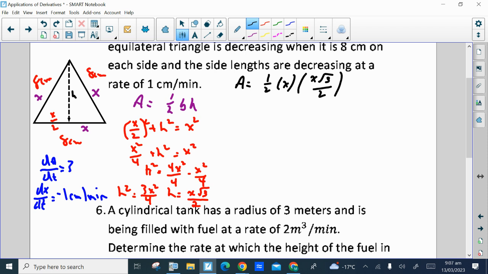So just to simplify things here, I'll multiply all this out. So I'll have x times x, which is x squared root 3, over 2 times 2, which is 4. So we can say that area equals root 3 over 4 x squared.